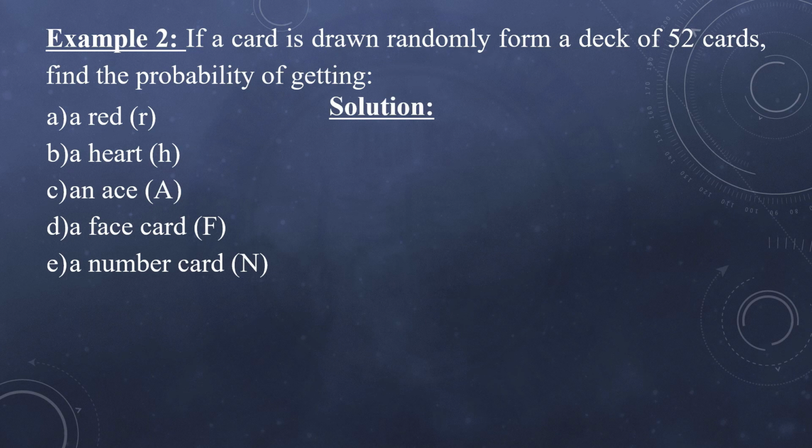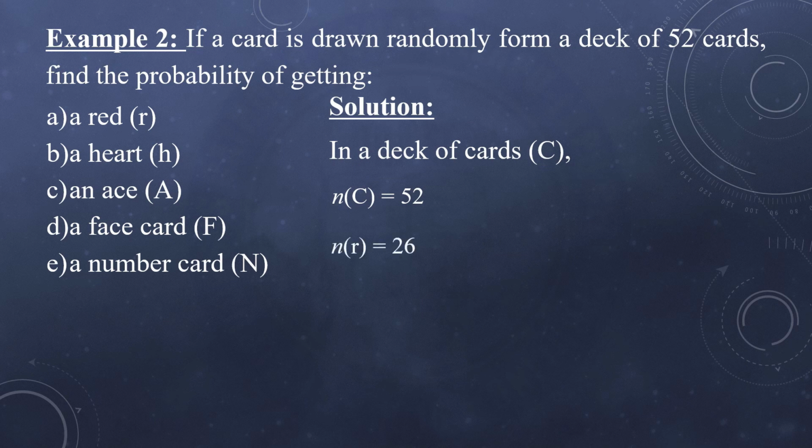In a deck of cards, there are 52 as the total number of cards. There are 26 cards for red cards, 13 cards for heart cards, 4 cards for ace cards, 12 cards for face cards, and 40 cards for number cards.